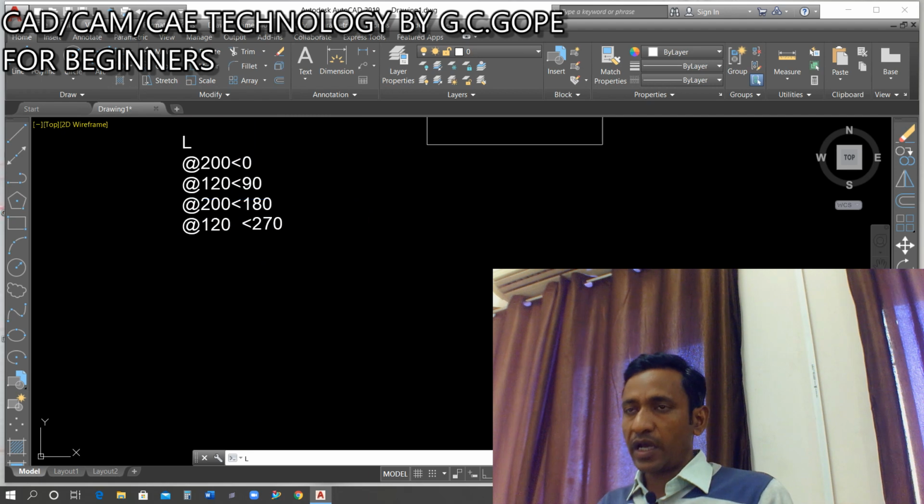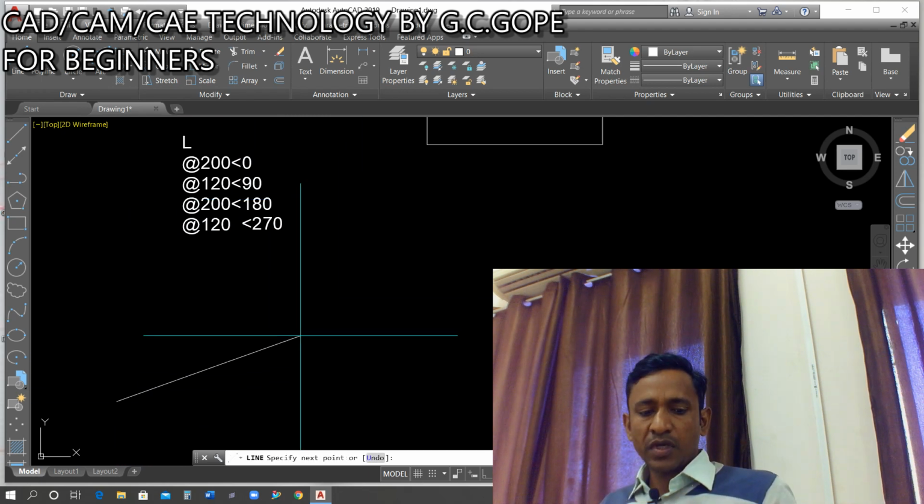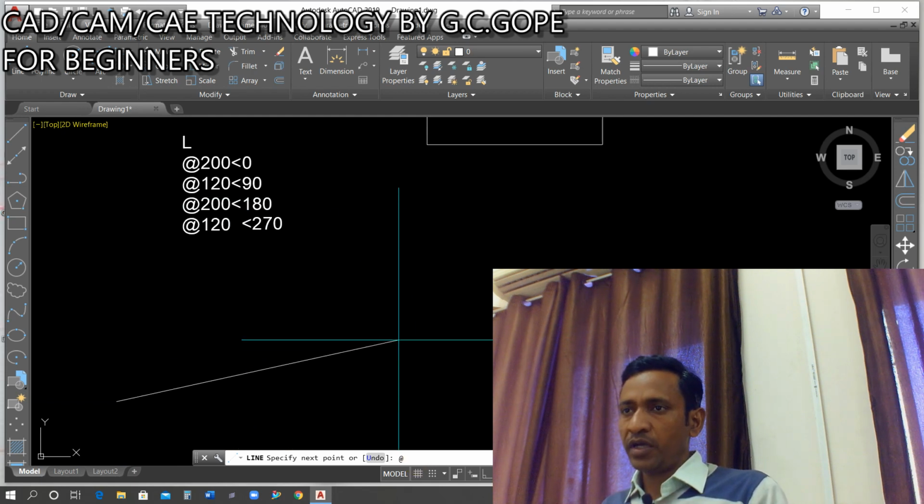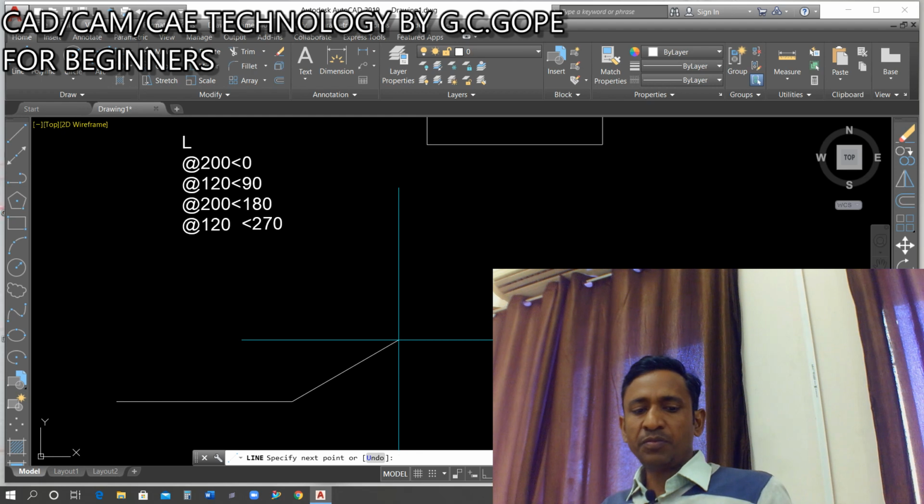First, I'll enter, and I'm going to start from this point. Shift plus 2 at the rate, and we see that here in the command bar. Now length how much? 200, less than how much? 0 degree. Again at the rate, distance is 200, angle is 90 degree.